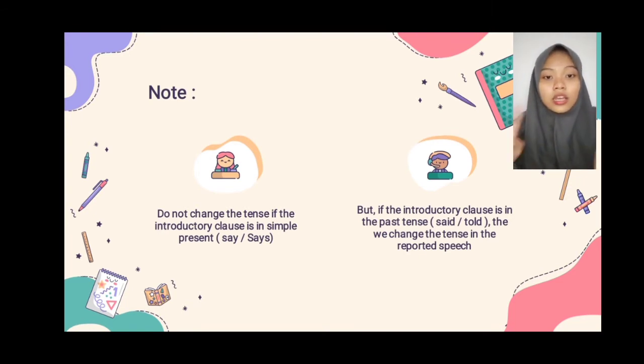Says, not said. And the second note: if the introductory clause is in the past tense, said or thought, then we change the tense in the reported speech. Example, direct speech: she said, I like ice cream. In indirect speech: she said that she liked ice cream. Said, not says.